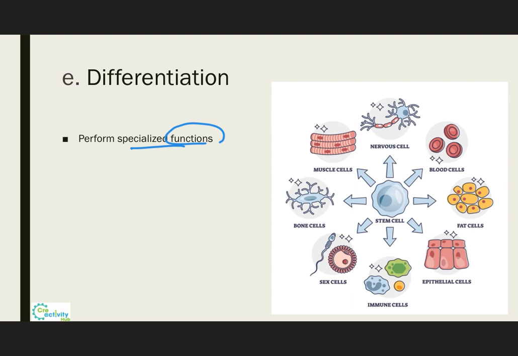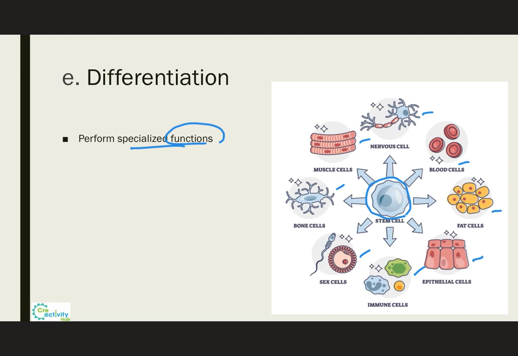For example, the anatomical proportions and physiological capabilities of an adult human are quite different from those of an infant. A stem cell will give rise to all these different types of cells. As you notice, they're very diverse in their morphology.